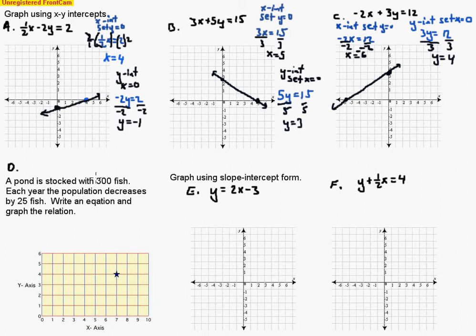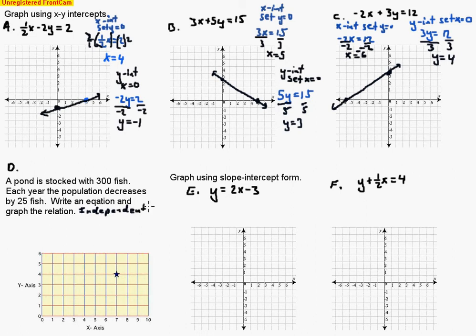The number of fish depend on how many years they're in there for. And so that tells us that the number of fish is our dependent variable. Years is our independent variable. So let's write that down. Independent means we can pick anything for that.